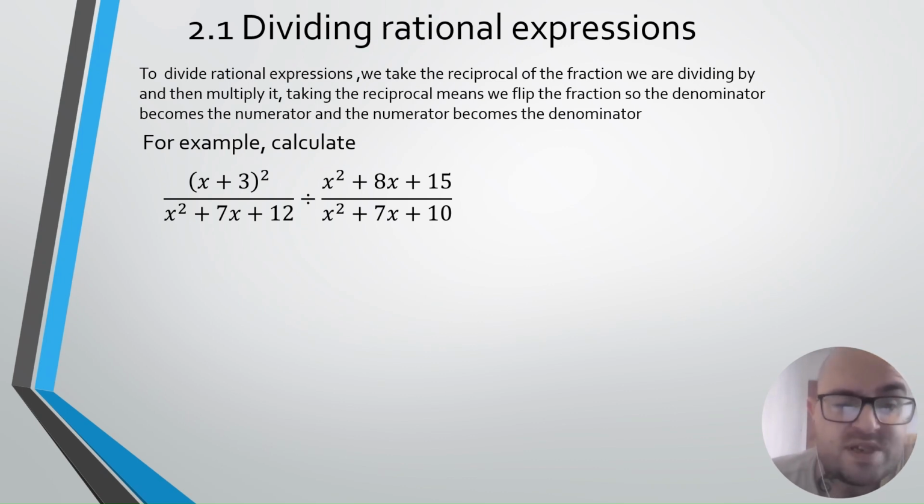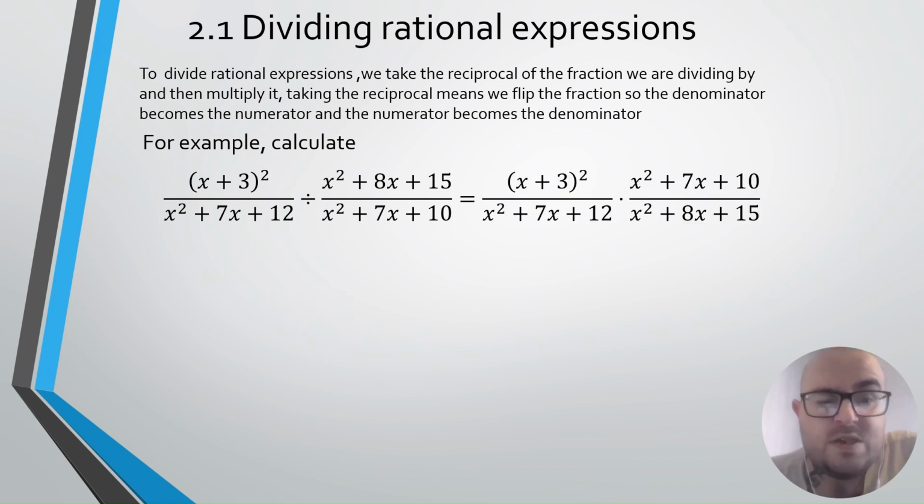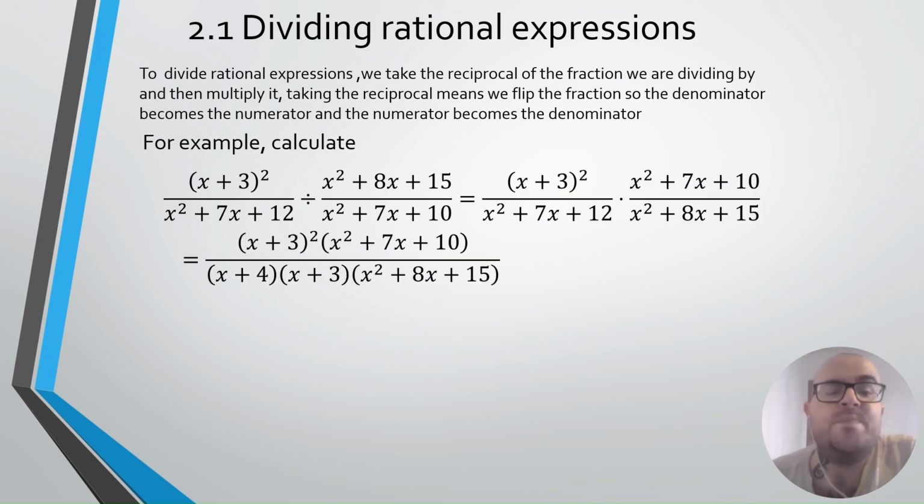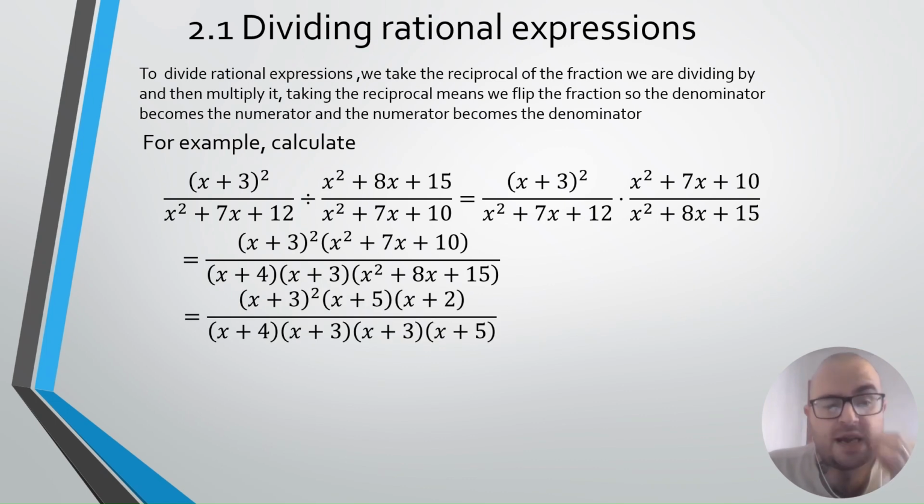This then transforms into a multiplication by flipping the right hand side fraction. There's your expression for that. We then just follow through and multiply the numerators and denominators as in the last slide, and it simplifies further, factorising fully, and it brings you down to x plus 2 times x plus 2 over x plus 4.